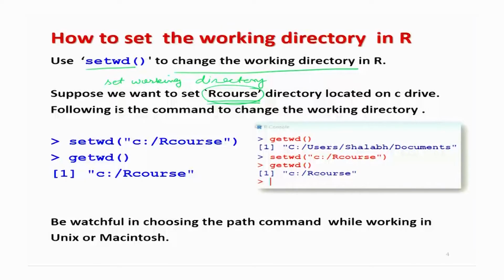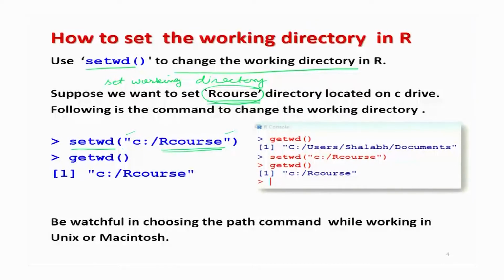So, in simple words, I want to change the working directory to be the folder R course on the C drive. So, for that I write the command setwd within parenthesis, and within double quotes I will write C:\R course.